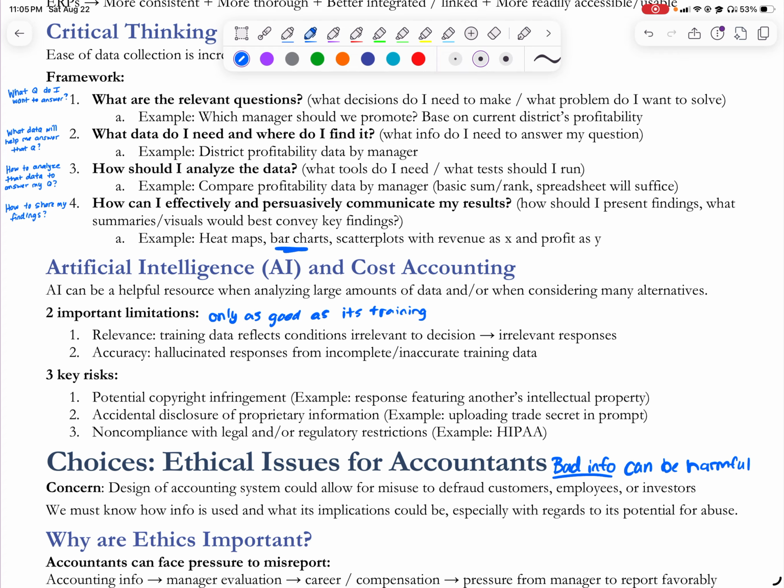They had a bar chart where basically they had manager A, B, C. Here was their profitability. Here was their revenues.